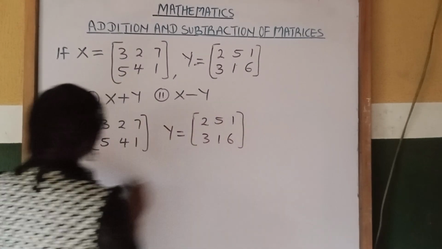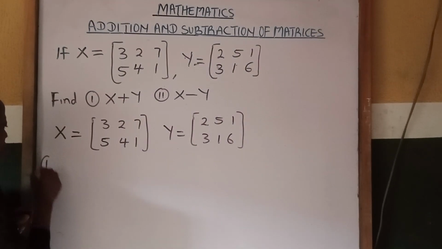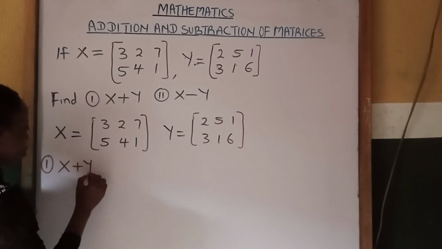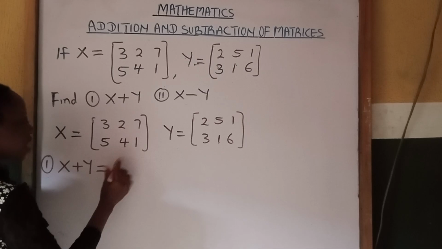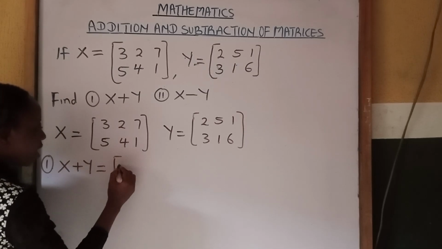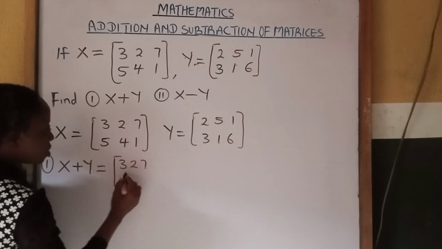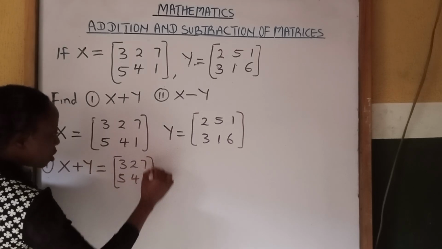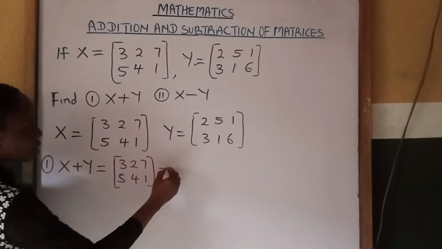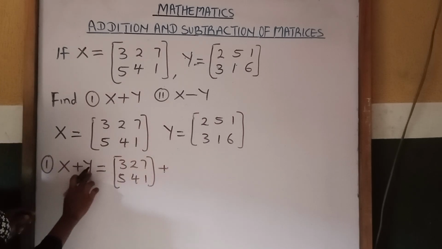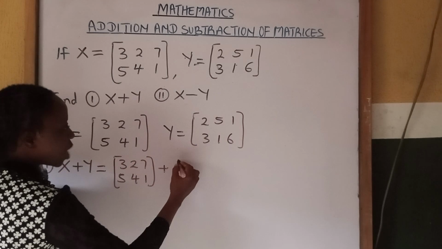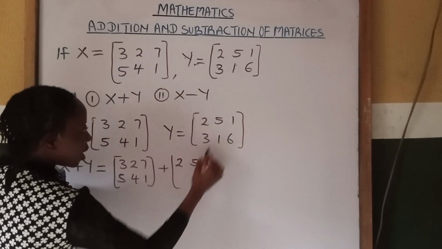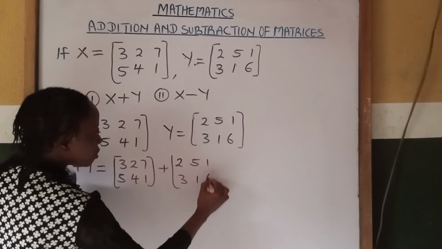Roman figure 1. We are looking for the addition of matrix X and Y, which is equal to the elements of matrix X, 3, 2, 7 and 5, 4, 1, plus the elements in matrix Y, 2, 5, 1 and 3, 1, 6.